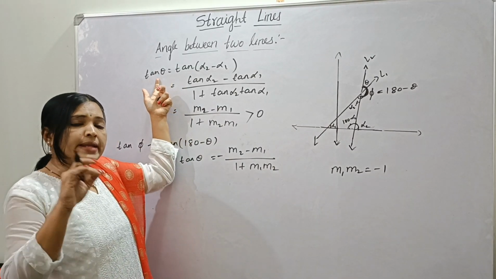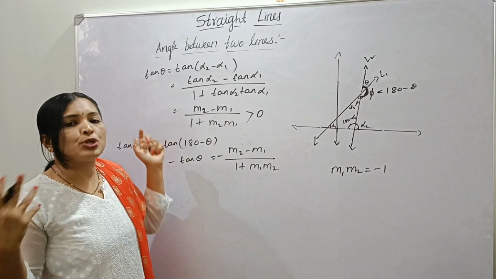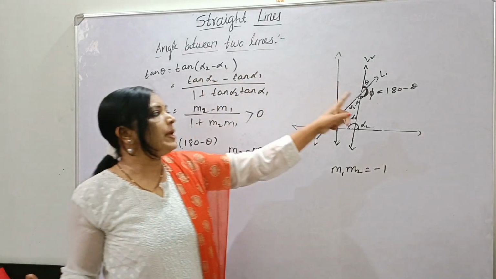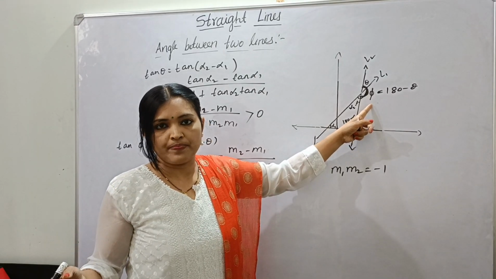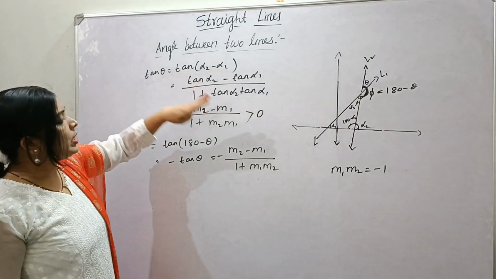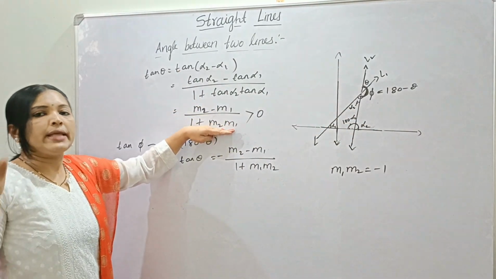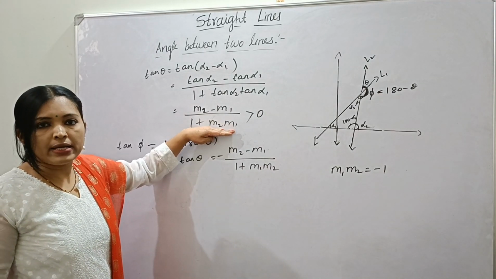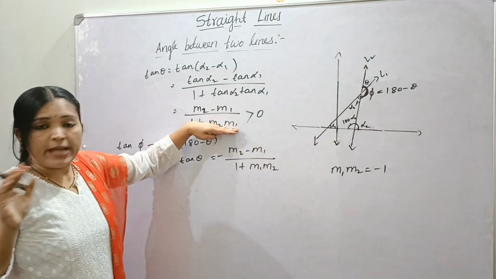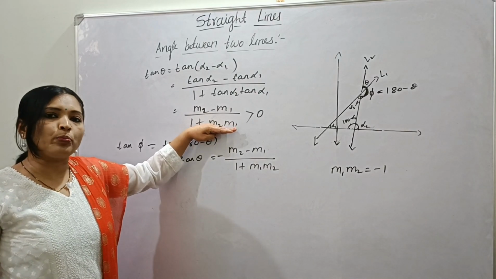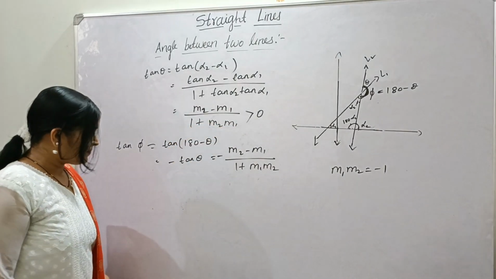So if tan theta is negative, theta is an obtuse angle and phi will be an acute angle. Remember, if it is positive, then theta will be an acute angle. If it is negative, theta will be an obtuse angle.